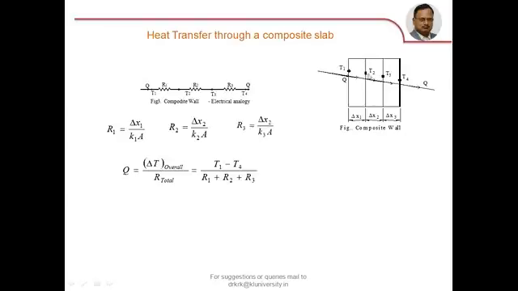Initially, we don't know what is the value of T2 and T3. Given temperatures are T1 and T4 only. Since T1 is greater than T4, heat will start flowing through the wall from one face to the other face.